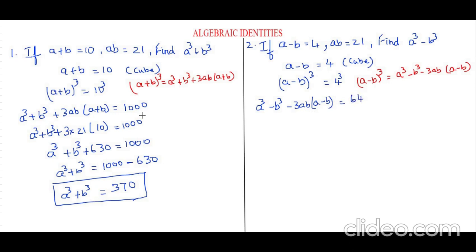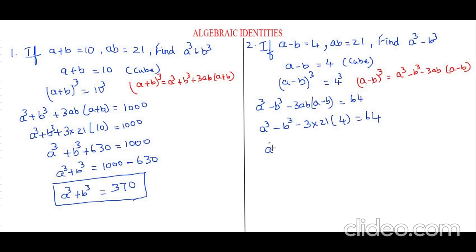So now, as in the previous question, we know the value of ab, we know the value of a minus b. So let's apply it. So it's a cube minus b cube minus 3ab. The value of ab is 21. So times 21, and inside the bracket is a minus b. So a minus b is 4 equals 64.